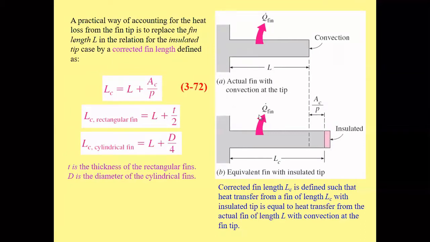So how much length is required for the second condition to achieve the same heat loss or heat transfer as the first condition, right? Because we know that when there is no heat loss here, you need additional surface area to remove the same heat. Okay, so we call this the corrected fin length, right?